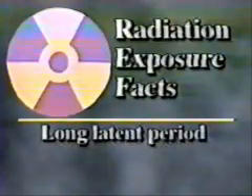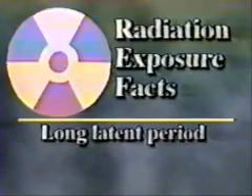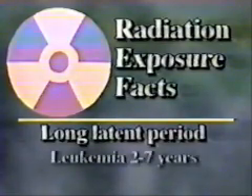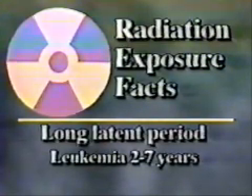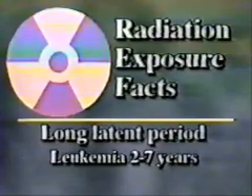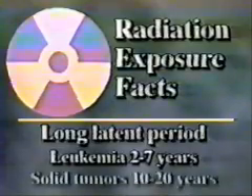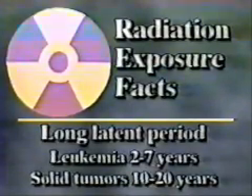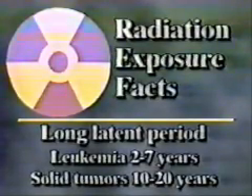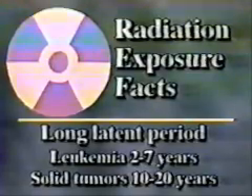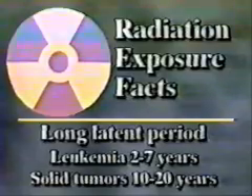Finally, it takes a long time for cancer to develop as a result of radiation exposure. Leukemia, the first long-term effect to show up, still takes between 2 and 7 years after exposure to develop. Solid tumors aren't seen for at least 10 years, and normally not until 20 years following exposure.